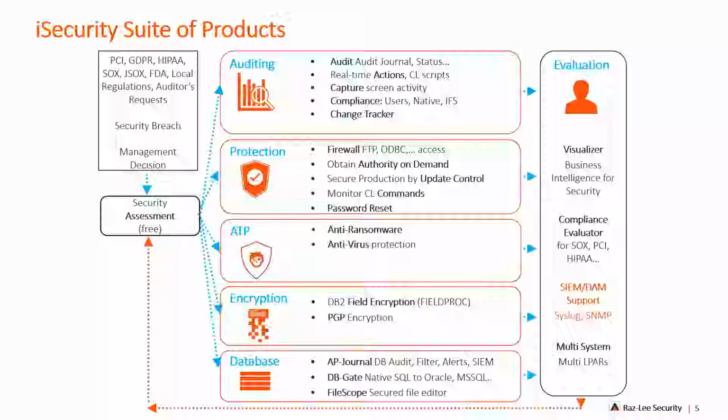In the protection category, we also have connectivity to Firewall, Threat on Demand, and antivirus in the ATP category. And in the database category, we have connectivity to AP-Journal and FileScope. We support all products with SIEM and DAM.